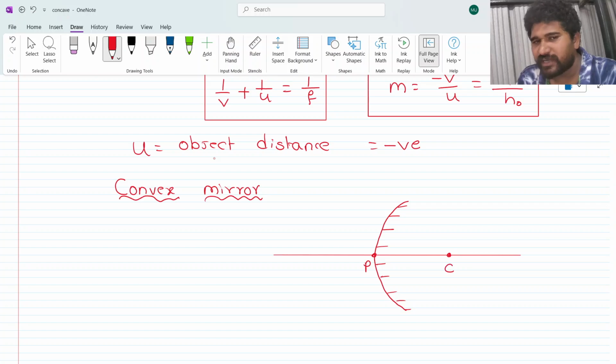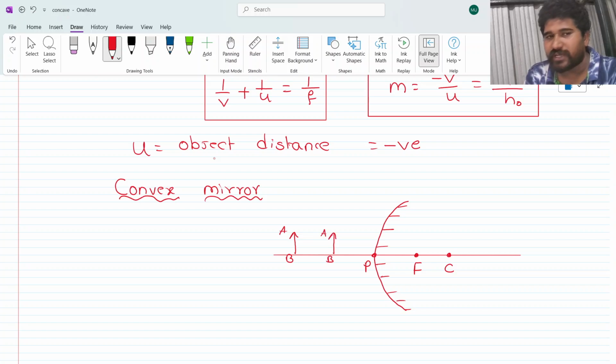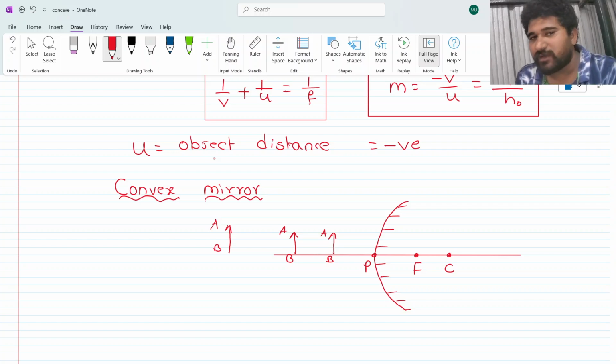This is the center of curvature, and this is the focus. Wherever you keep the object, it should always be placed on the left side. Wherever the position of the object, the image will be formed on the right side. That means the image is always formed behind the mirror.